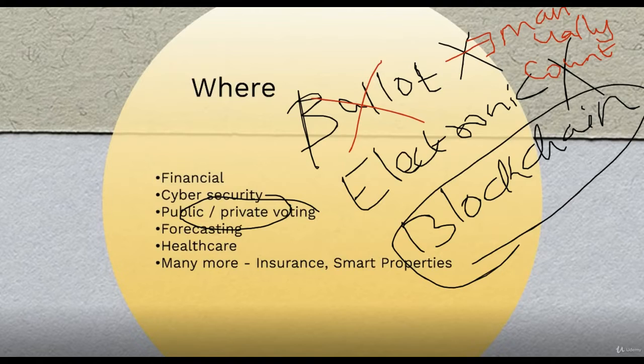Next, there is electronic voting, which people used to say is the safest. But later people came to know this is also not the safest, because whoever has administrator access, it's just a program.